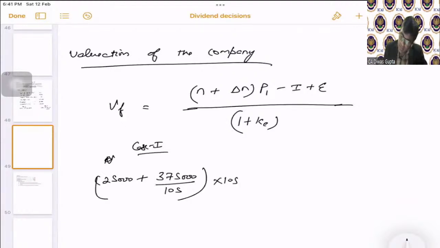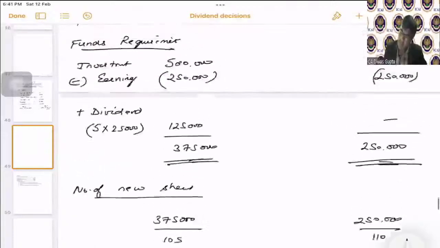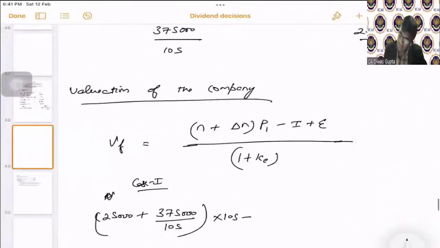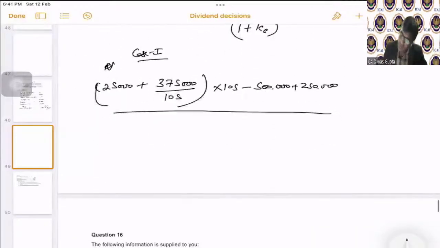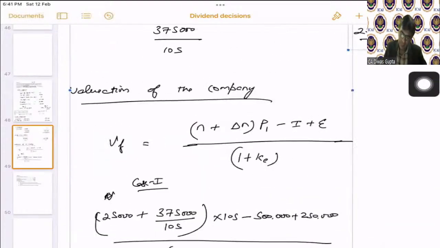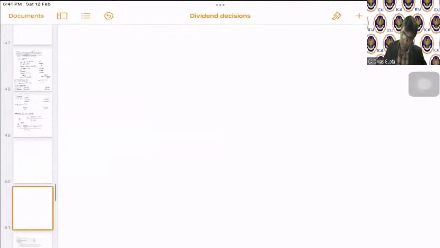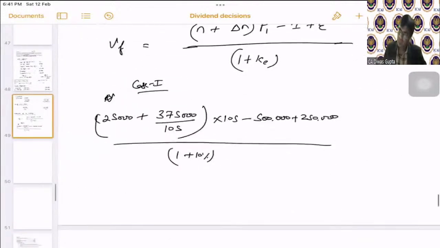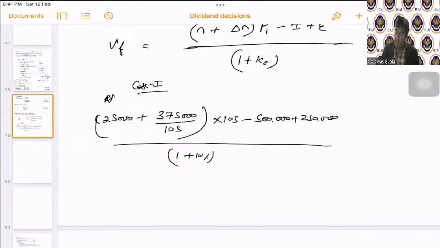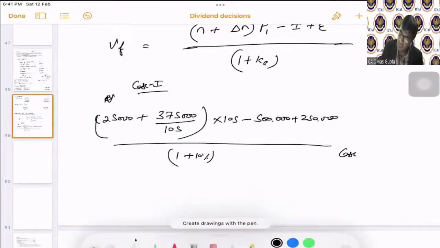This whole multiplied by 105, minus investment of 5 lakh, plus earnings of 2,50,000, whole divided by (1 + 10 percent). Okay, this is case number 1.